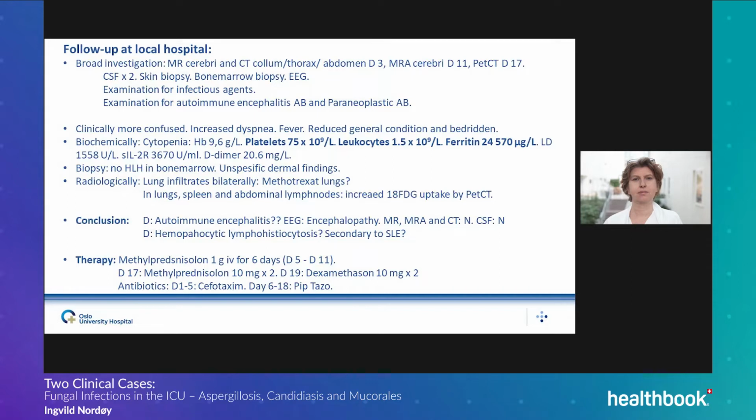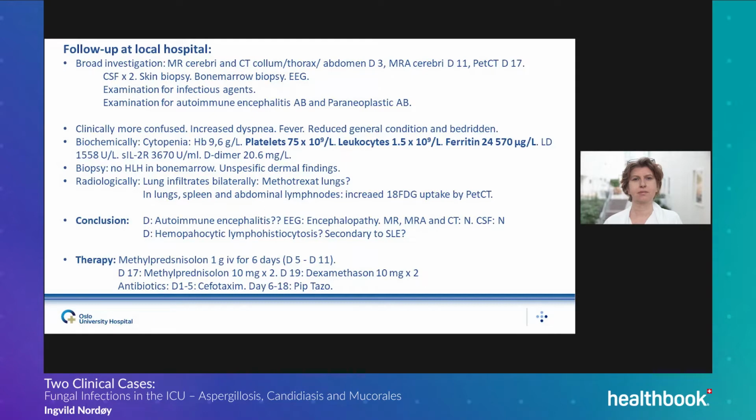They did 2 spinal punctures. They did a bone marrow biopsy, and they did an EEG, and examined for infectious agents, and examined for autoimmune encephalitis antibodies, and also took antibodies for paraneoplastic encephalitis.